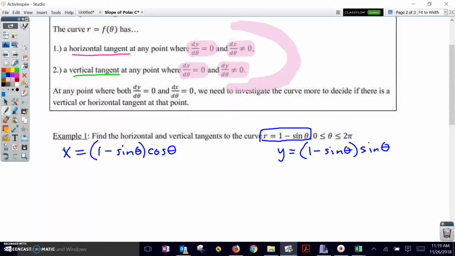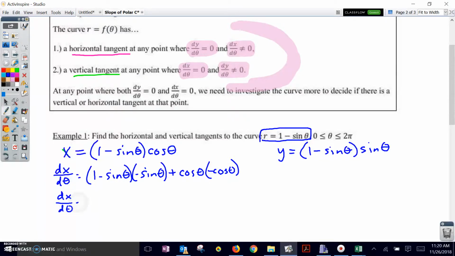Alright, so I find dx d theta. That's 1 minus sine of theta times the derivative of cosine, which is negative sine, plus cosine times the derivative of 1 minus sine of theta, which is negative cosine. And so dx d theta is equal to negative sine of theta plus sine squared of theta minus cosine squared of theta.